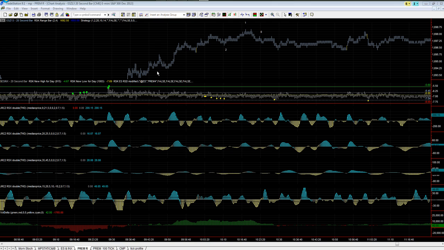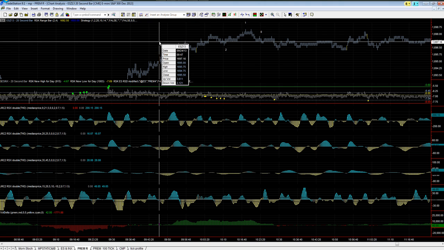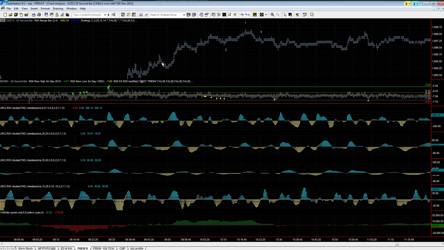So to put that into context, we'll just look at the highs of the premium right in here. Your highs are almost every bar above the high threshold. Here in particular, all right, that high is above the high threshold.